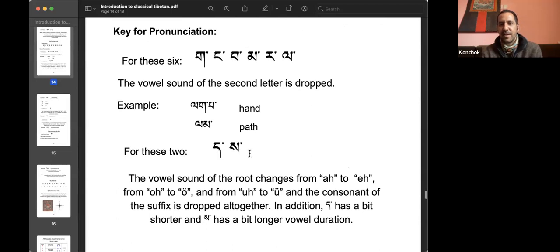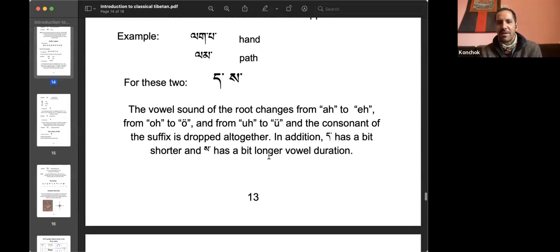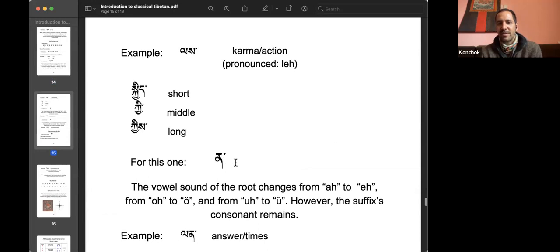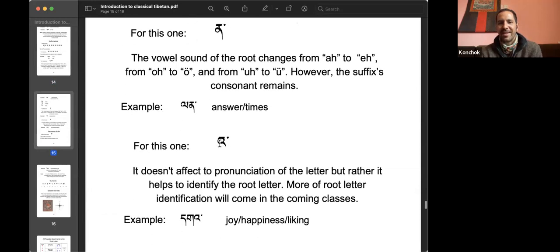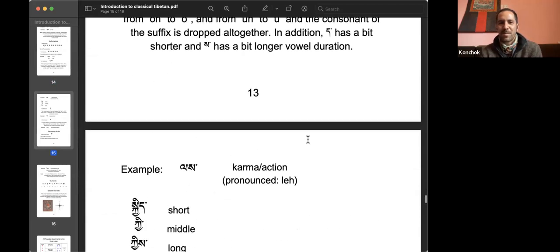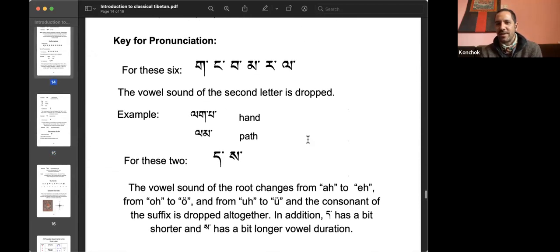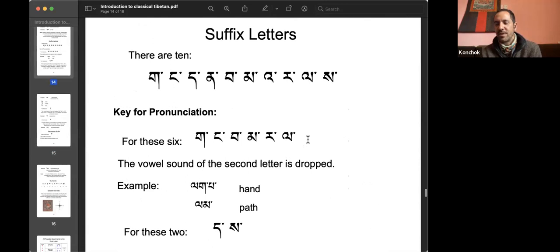Ta and sa have a special thing happening, and na also has a special thing happening. And I doesn't do much, but we'll also cover it. We have to cover those 4 letters as suffix, how they affect the sound. And after that, we'll be done. We'll be able to read.